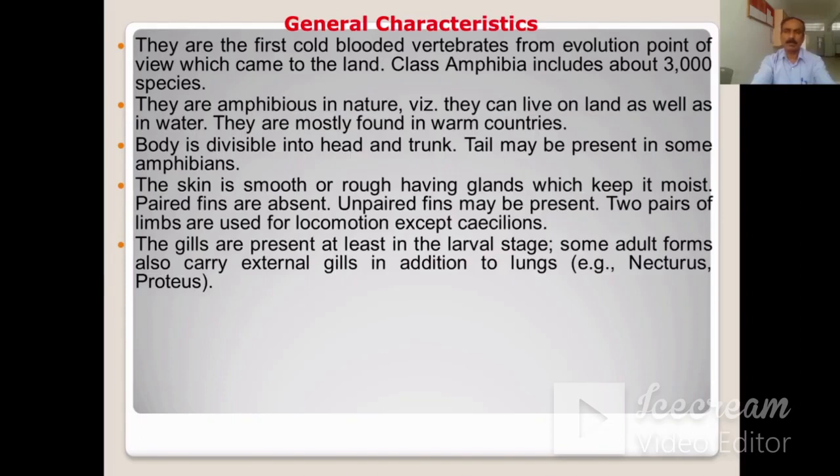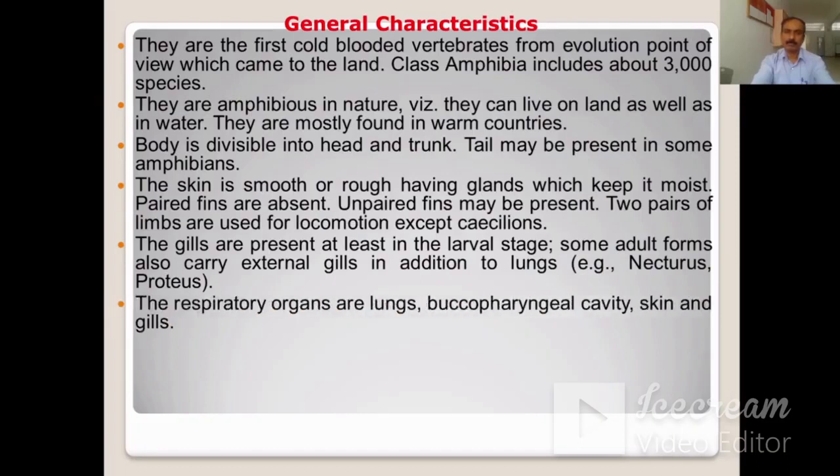Some adult forms also carry external gills in addition to the lungs, for example, Necturus and Proteus. The respiratory organs are the lungs, buccopharyngeal cavity, skin, and gills.